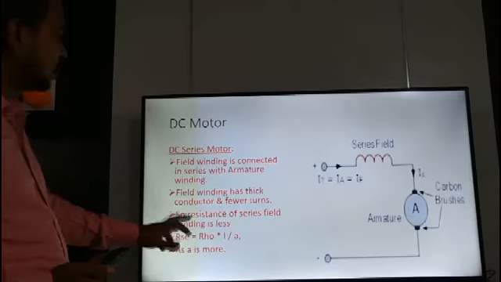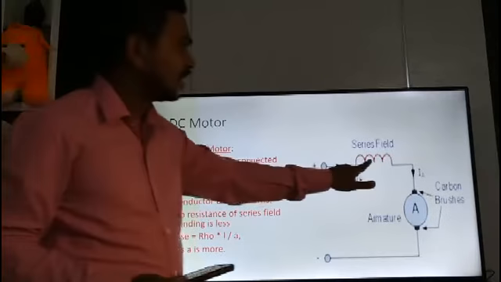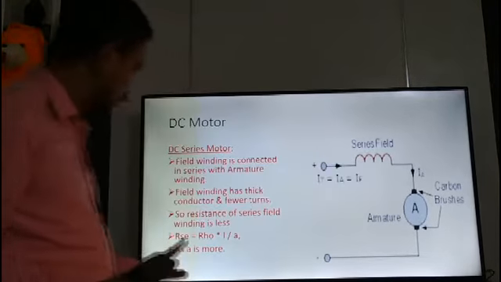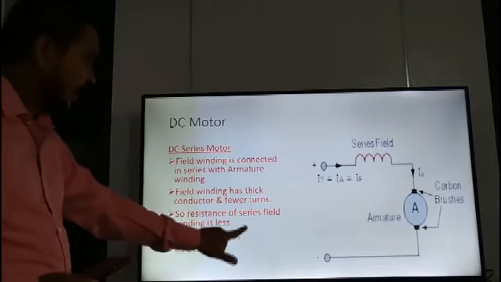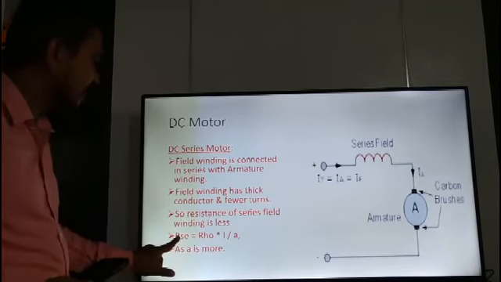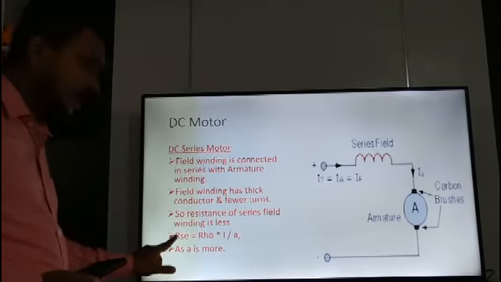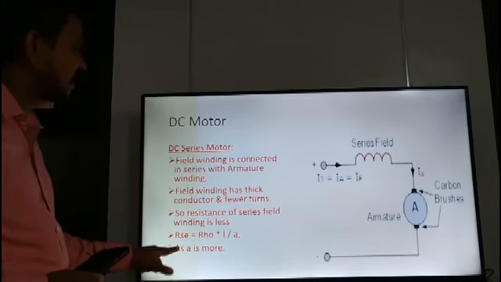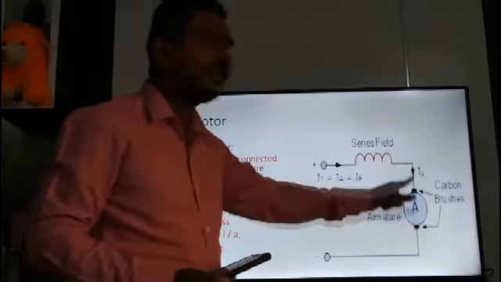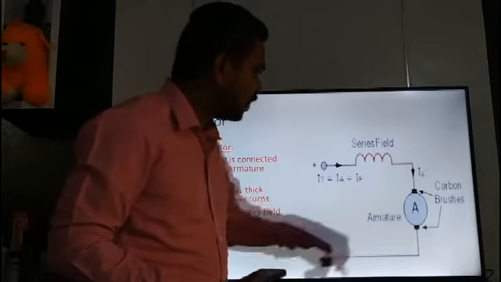So what is the resistance of this series field winding? As the cross sectional area is more, according to the formula RSC is equal to rho L by A, the resistance of the series field winding is less, which means the current flowing through this field winding is more. Now look at this figure.